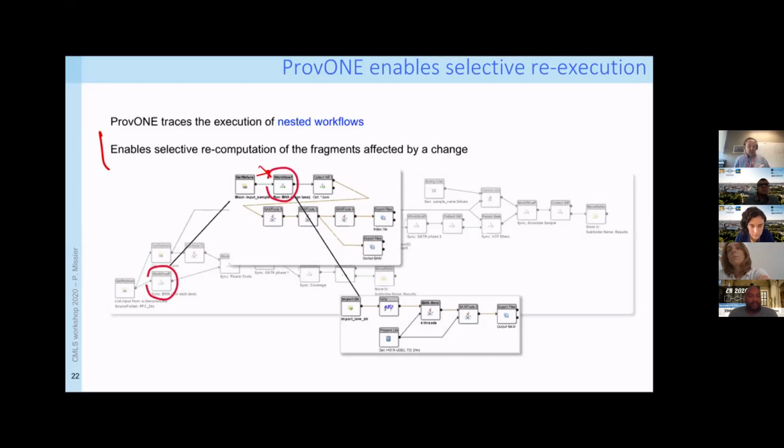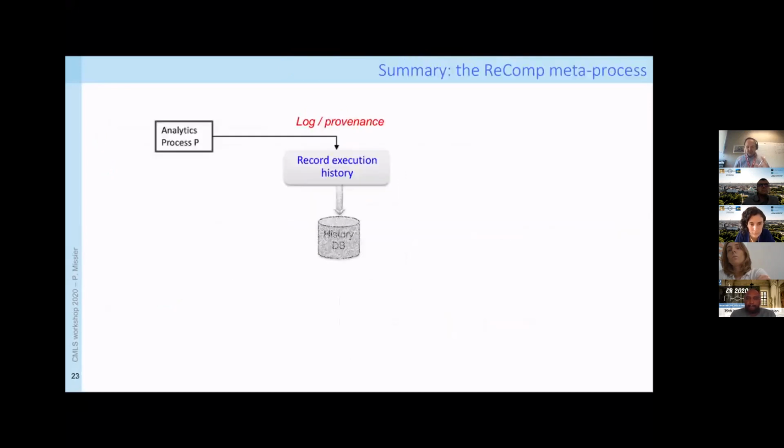Okay, so let me zoom out again and kind of summarize what ReComp looks like. ReComp is essentially now a meta process. So it takes a process and it does two things. It observes what it does, which by looking at logs, provenance, whatever is available to observe the process in action. And if it's a white box structure, we can afford to describe it fully with Prov1.